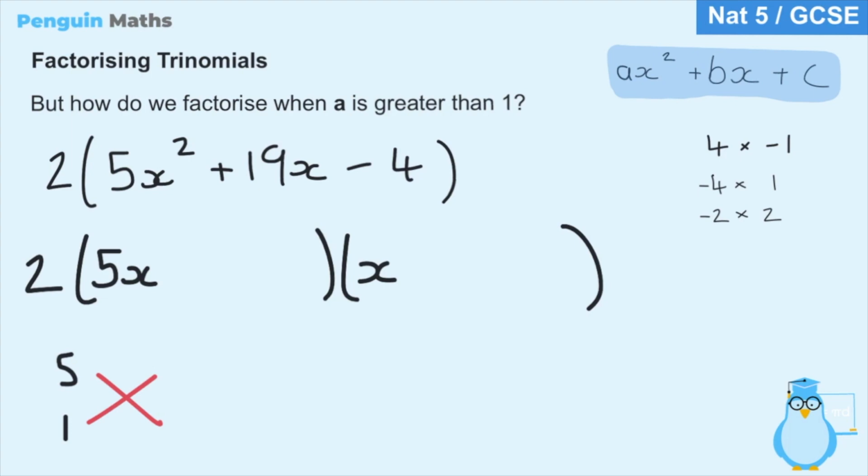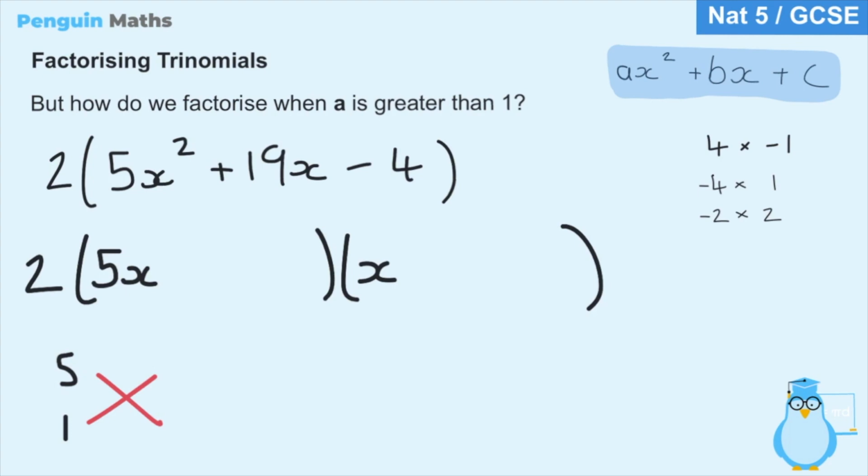The first thing that we can notice is that 19 is a positive number, and quite a large one when doing these sort of sums, okay? So that means we know that whatever multiplication, whatever the bigger one is, that has to be the positive one, and the smaller one has to be the negative one. Because if the bigger multiplication is positive and the smaller one is negative, that means it's going to give us a positive answer.